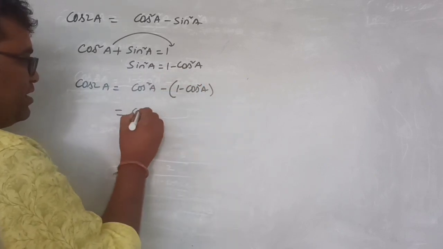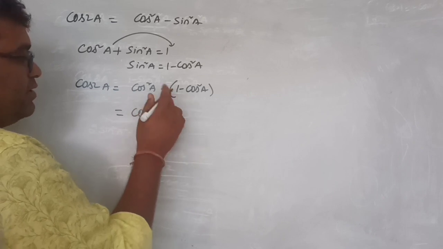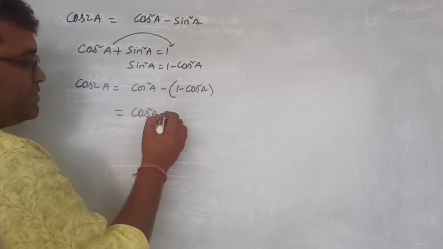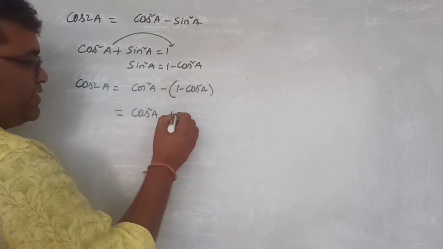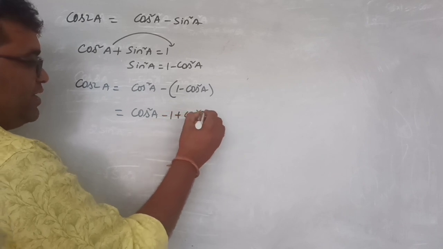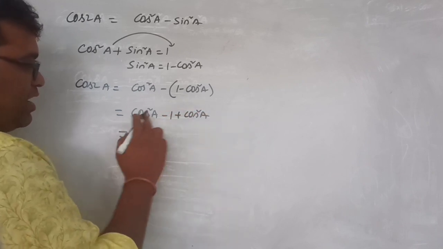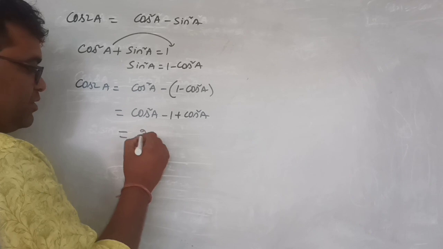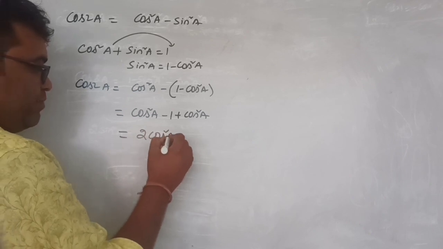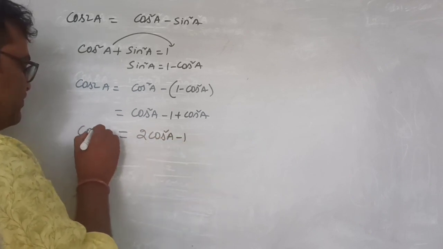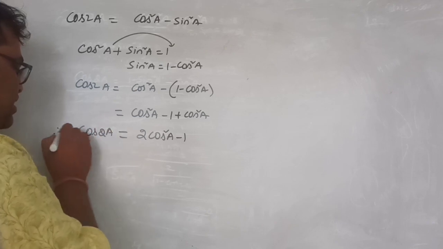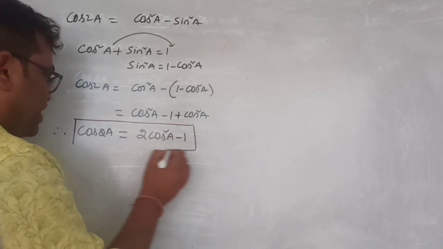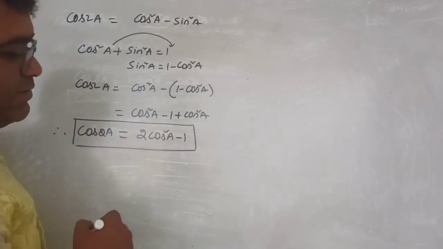So cos square a minus 1, minus into minus is plus cos square a. So cos square a plus cos square a is 2 cos square a minus 1. Therefore we can write cos 2a is 2 cos square a minus 1.